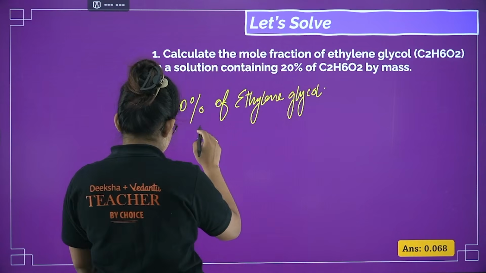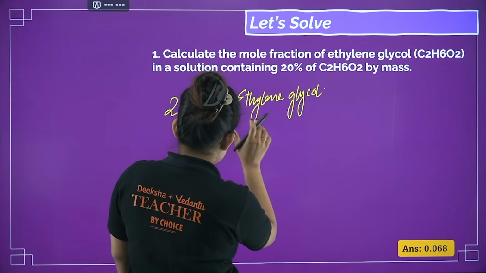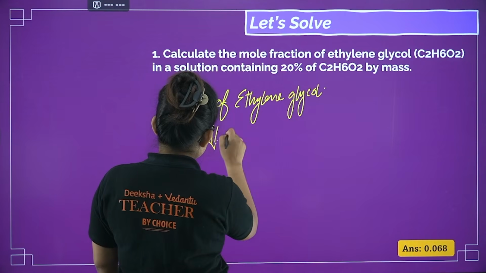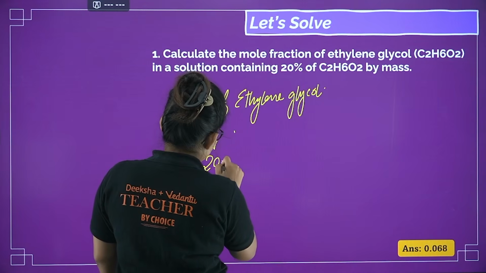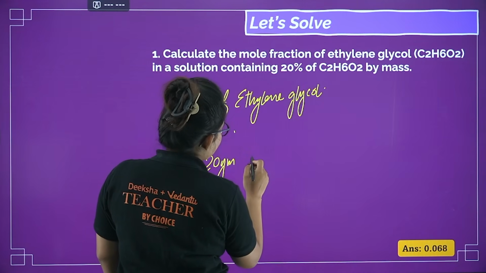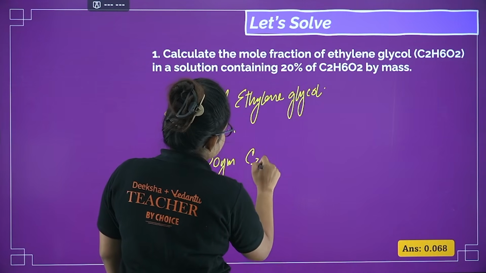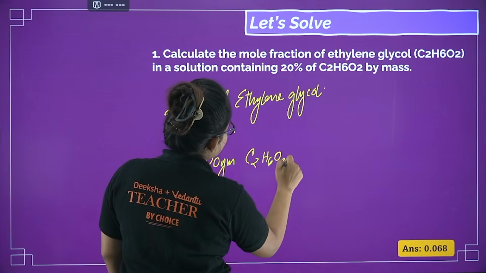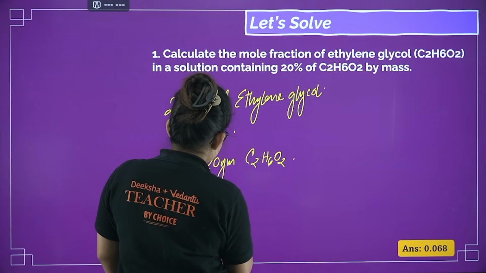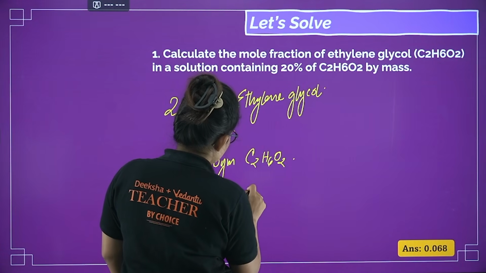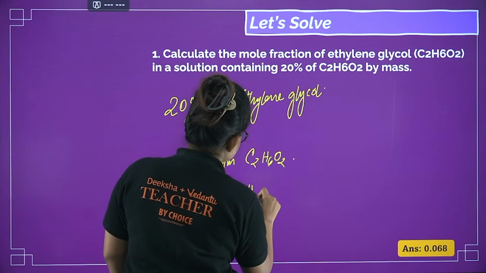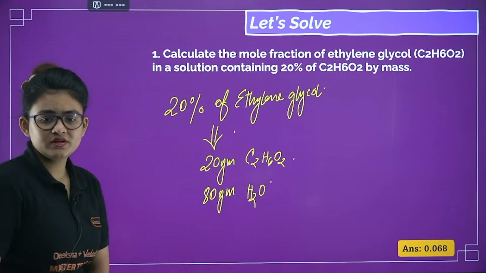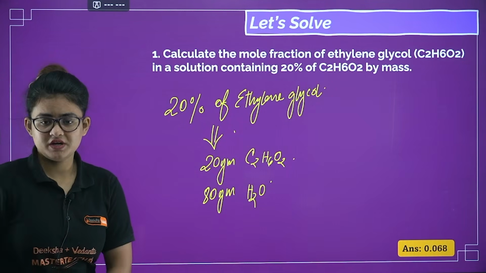What does it mean? Whenever they say that ethylene glycol is 20%, it definitely means 20 gram of C2H6O2, ethylene glycol, and 80 gram of water. This is only the percentage weight by weight.